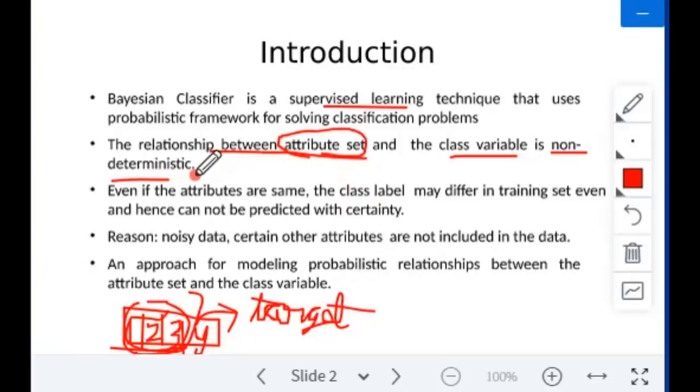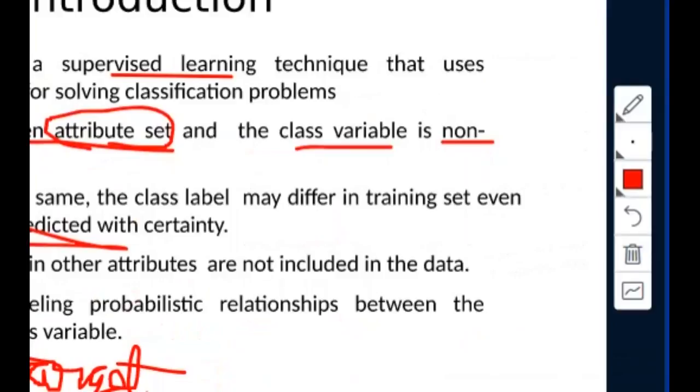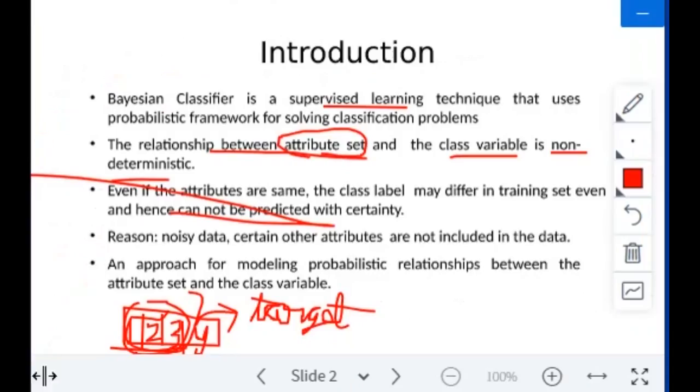That's what it is saying. Non-deterministic: the class label of the test record cannot be predicted with certainty, even though its attribute set is identical to some of the training examples. That is the meaning of this. So this situation may arise. Why?